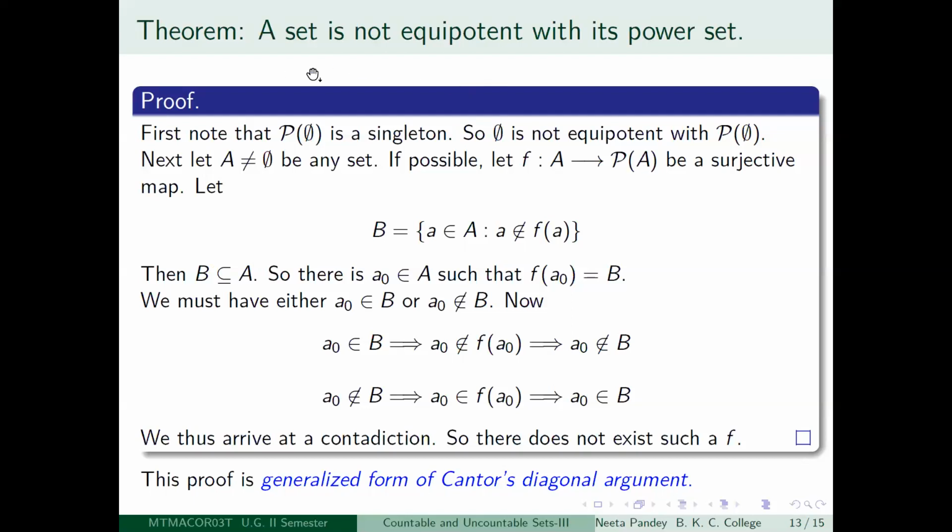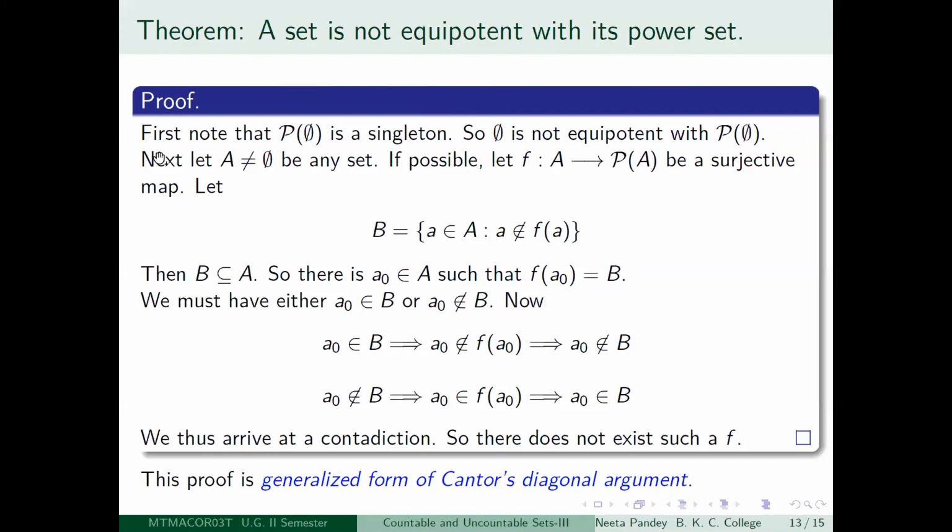So there will not be a bijective mapping from a set capital A to the power set of capital A. So first we discuss the case when capital A is empty. If you look at the empty set, the power set of the empty set is a singleton. We saw this. It is the set containing the empty set. So the empty set cannot be equipotent with the power set of the empty set. The empty set can be equipotent only with itself. So since the power set of the empty set is not empty, they are not equipotent.